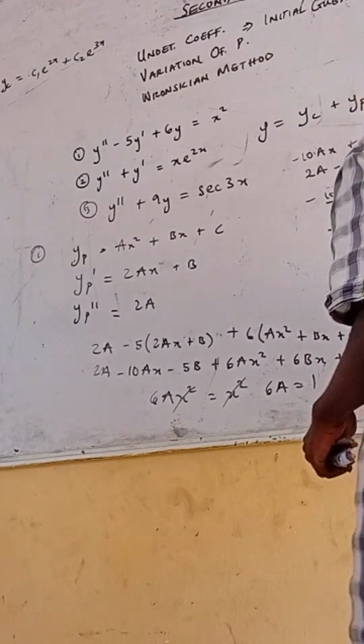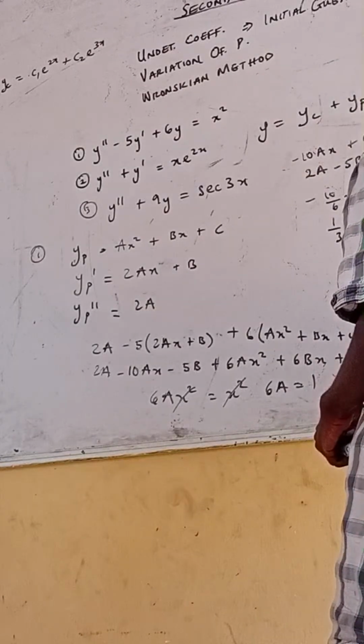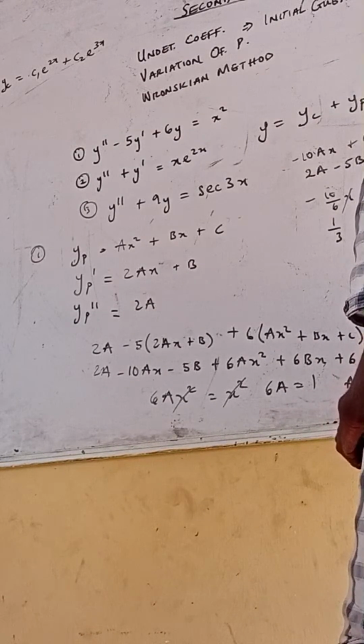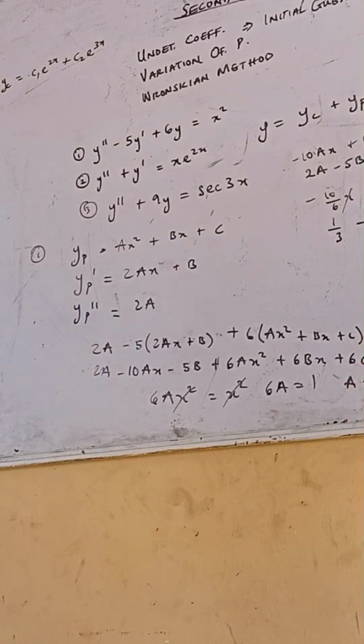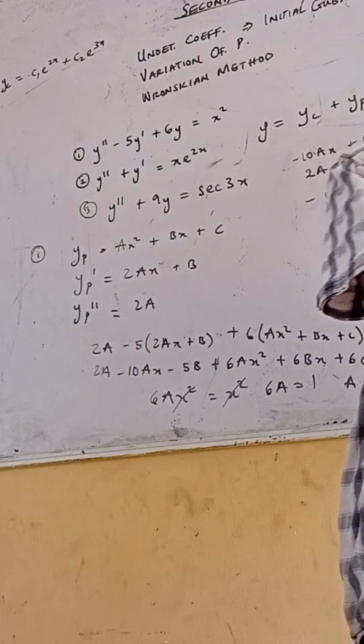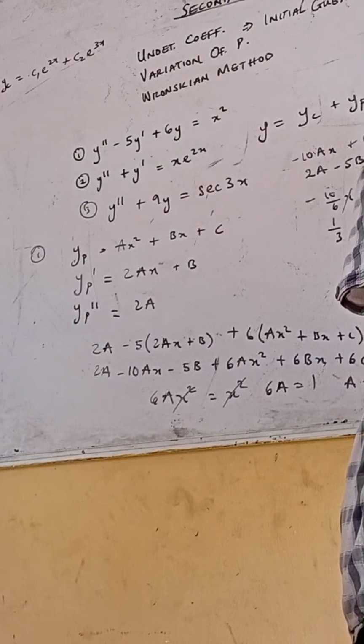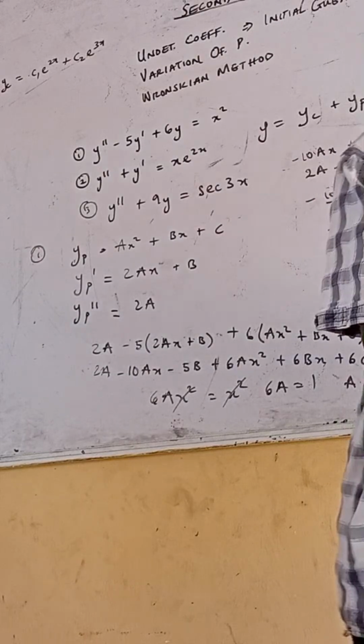Now for this one, 1 over 3 minus 5, what was b? 10 over 36, plus 6c. We don't know c. Equals 0. So 1 over 3 minus 50 over 36. I can turn 1 over 3 into 12 over 36, multiplying by 12 over 12.